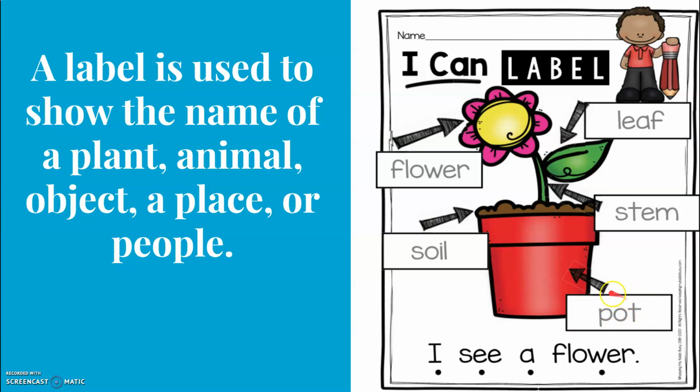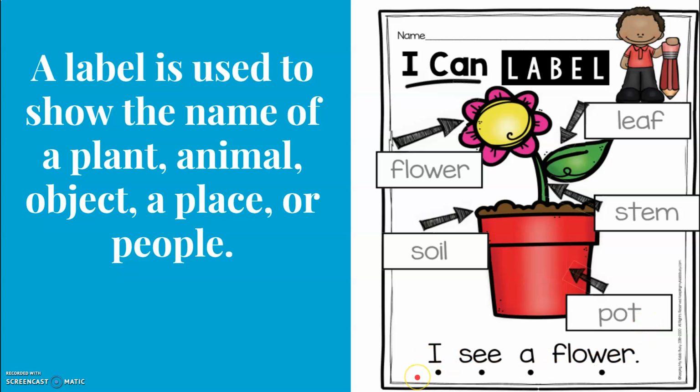And this label is pointing to the pot. So I see a flower. I see a leaf. I see a stem. I see soil. I see a pot. Here's the word pot.